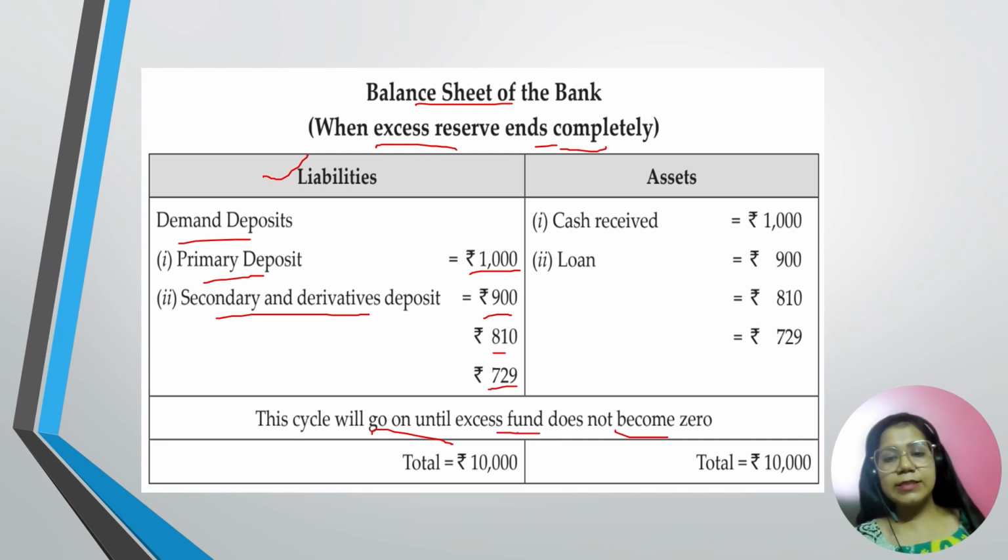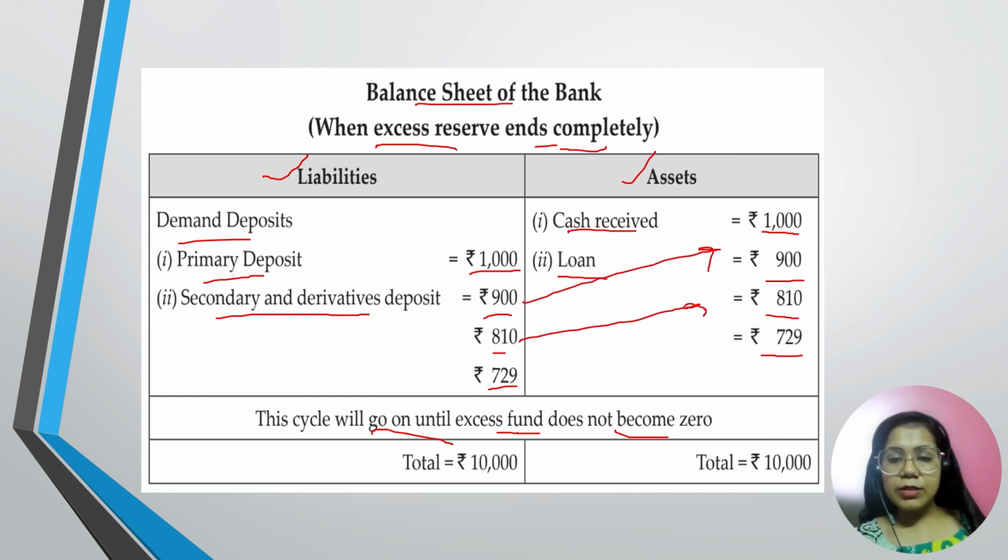Now let's see the asset side. So in asset side, we initially received a cash of 1000 rupees, and from then onwards, after keeping the cash reserve funds, we kept on giving loans from the excess reserves. So the first loan was of 900 rupees, then second was of 810 rupees, then third was 729 rupees. So you can see that this is the same amount.